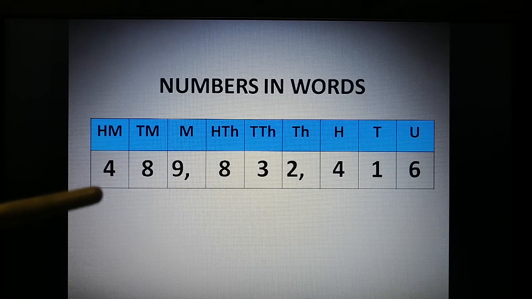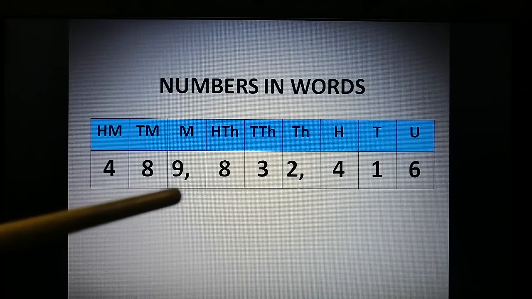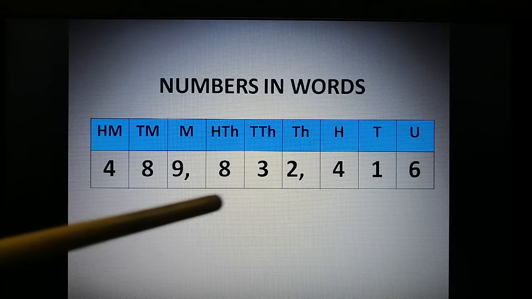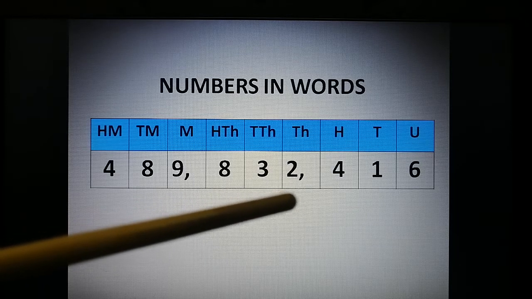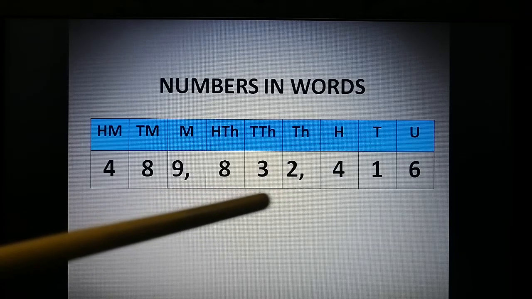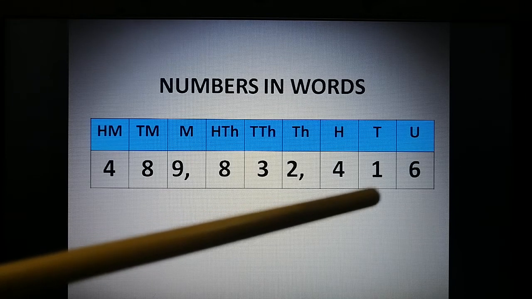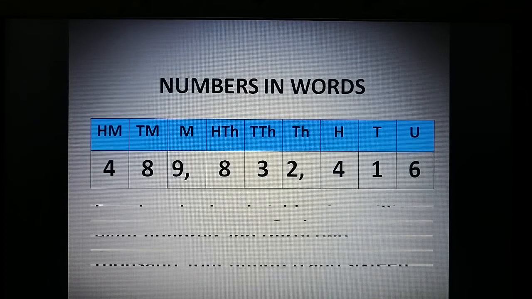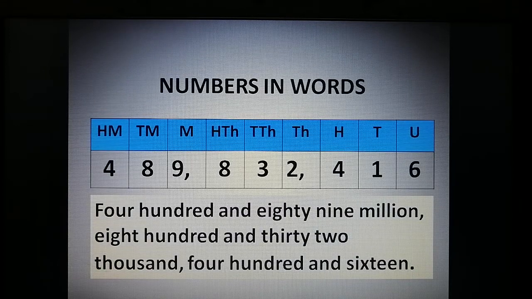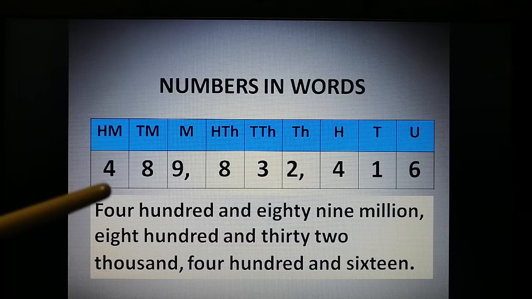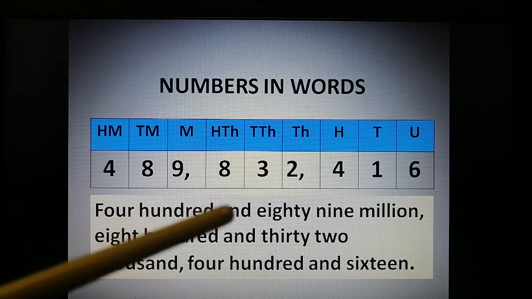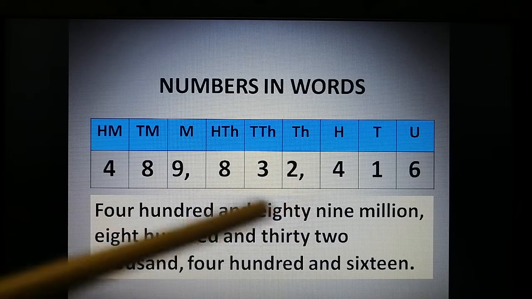So the number in words is 489 million 832 thousand 416. So it is easy to write a very, very big number in words. So again quickly with me: 489,832,416.